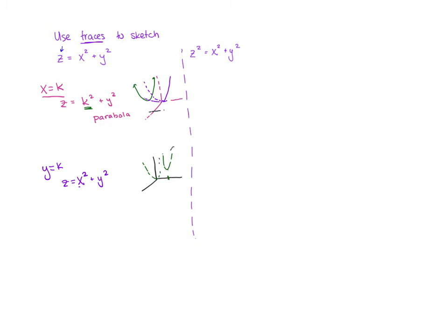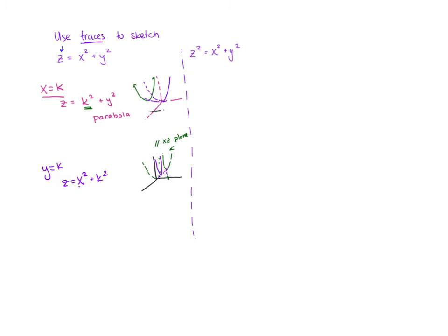So these parabolas are parallel to that xz plane. And I just meant to make that y equal a k here. Depending on what that y is, my parabolas are going to be higher and higher. So I'm going to get these higher and higher parabolas each time.